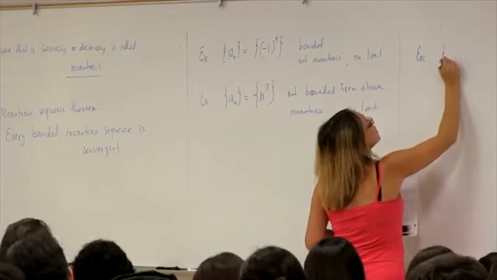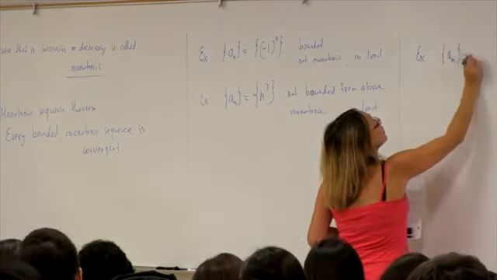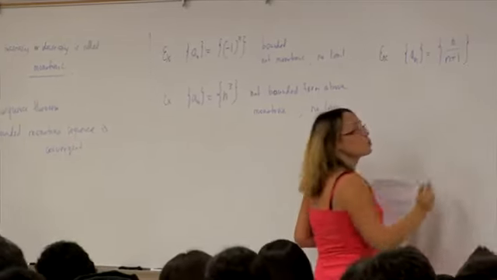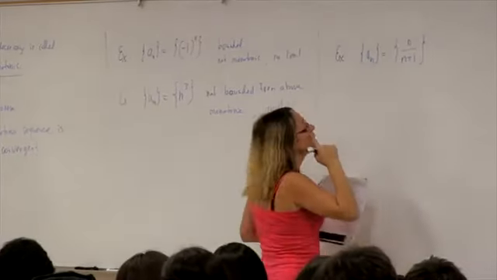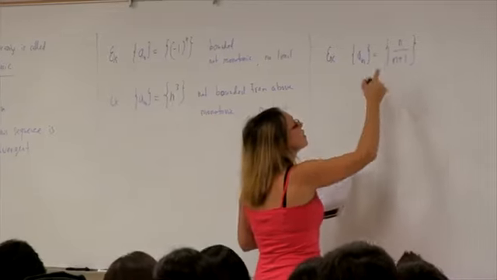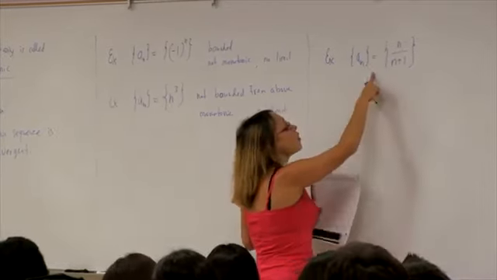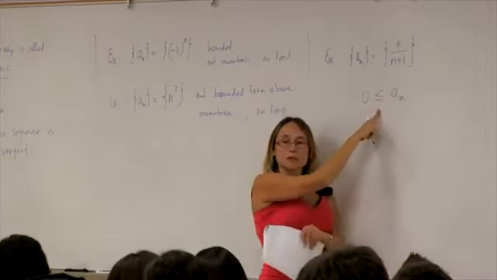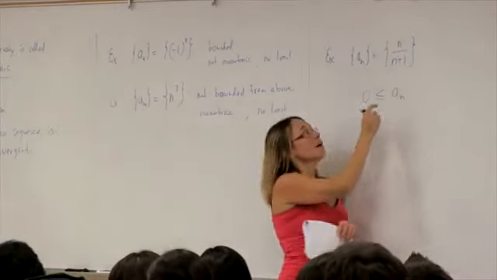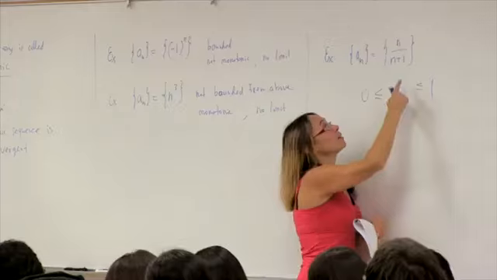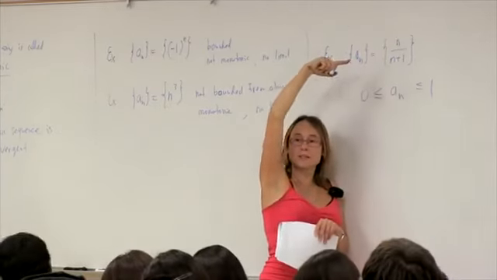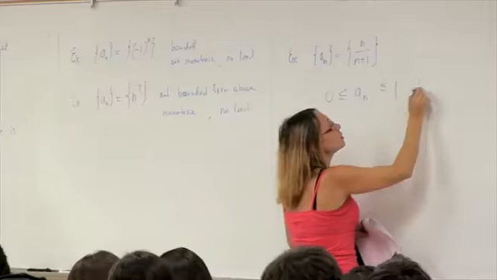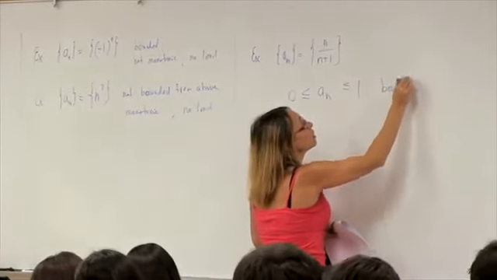So let's consider an given by n over n plus 1. Okay? So you can say that all the values an for sure are greater than 0, but they're also smaller than 1, right? Because we divide by something that is greater than the numerator. So this guy is bounded. Okay.